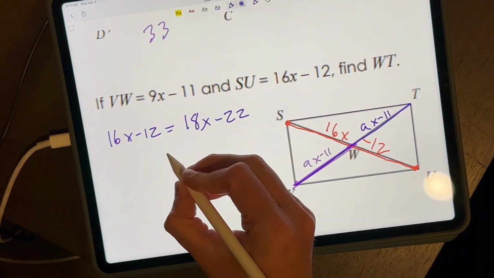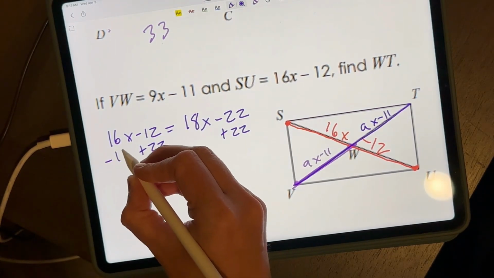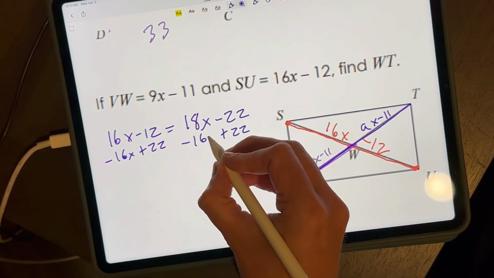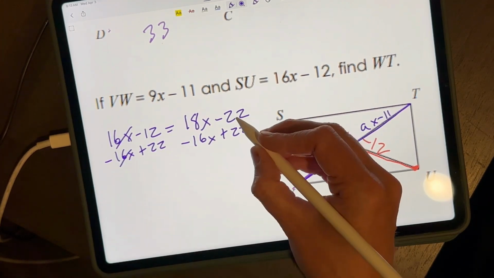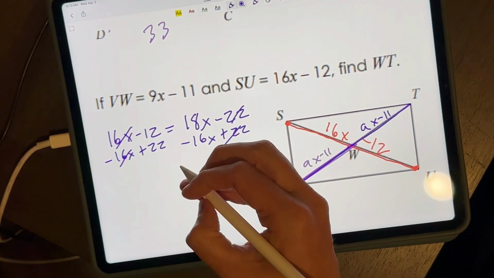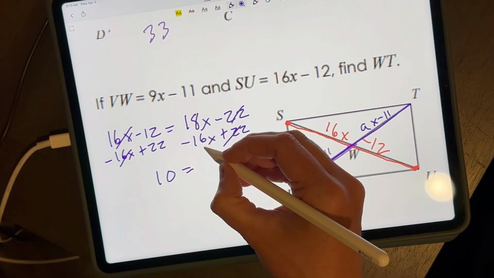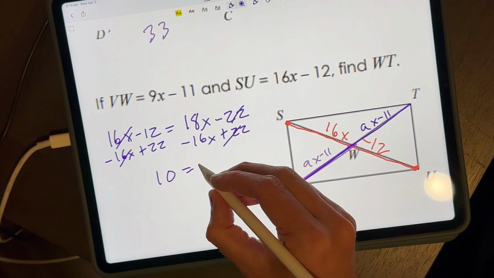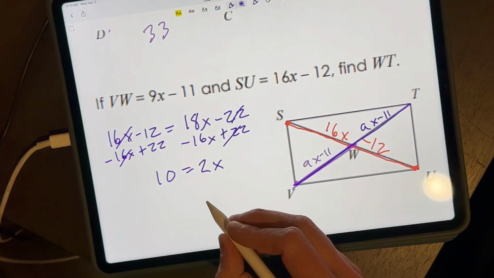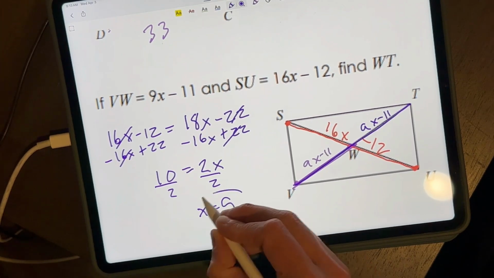So we are going to bring over the 22 minus the 16x. These cross out. Negative 12 plus 22 is a positive 10. 18 minus 16 is 2x. Divide by 2, x is equal to 5.